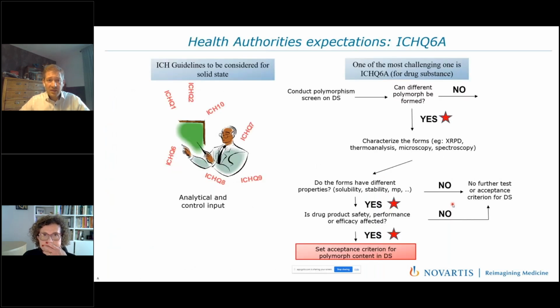And very importantly, we need to do this in a way that we are able to control and make sure that the drug product at the end shows the adequate performance, but also the adequate safety and efficacy. By safety, we mostly understand what is the concentration in the systemic circulation, but also we need to make sure that upon aging we don't create some chemical impurities that may also have some biological activities.